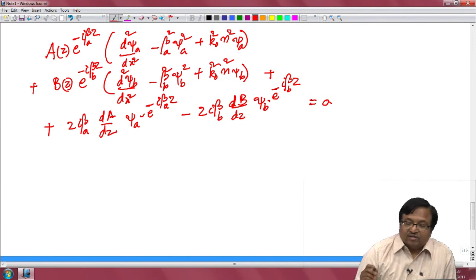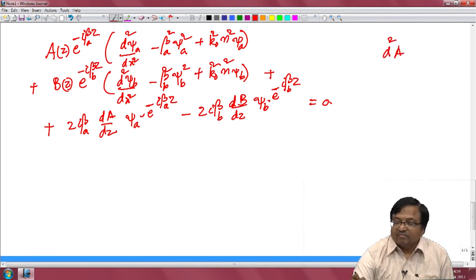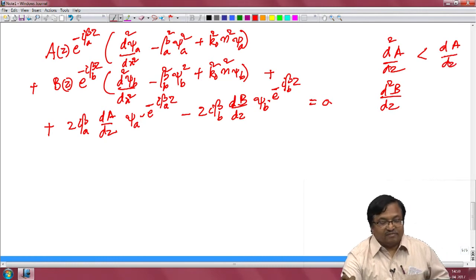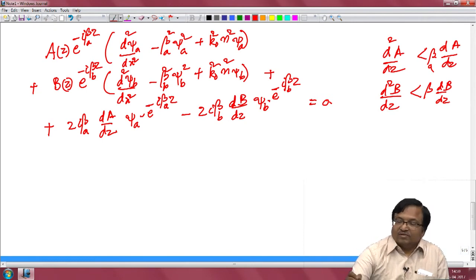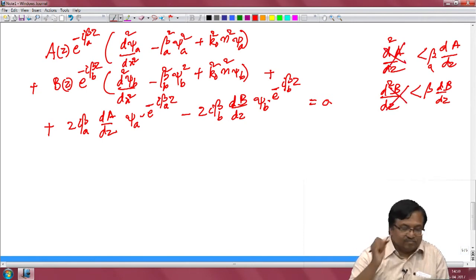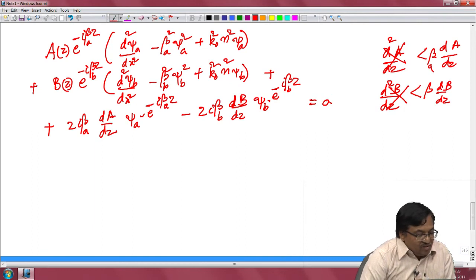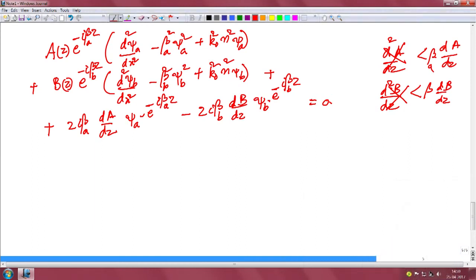Here, as you know, we have neglected d square A by dz square and d square B by dz square compared to the dA by dz terms which have beta a along with them. So the individual waveguide modes are grouped in these terms.